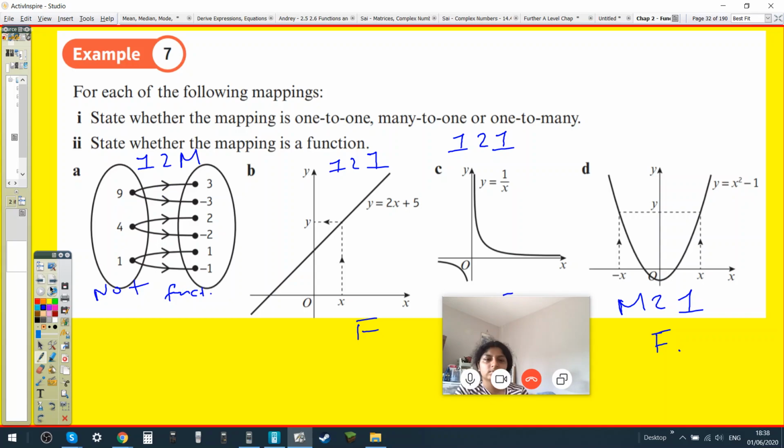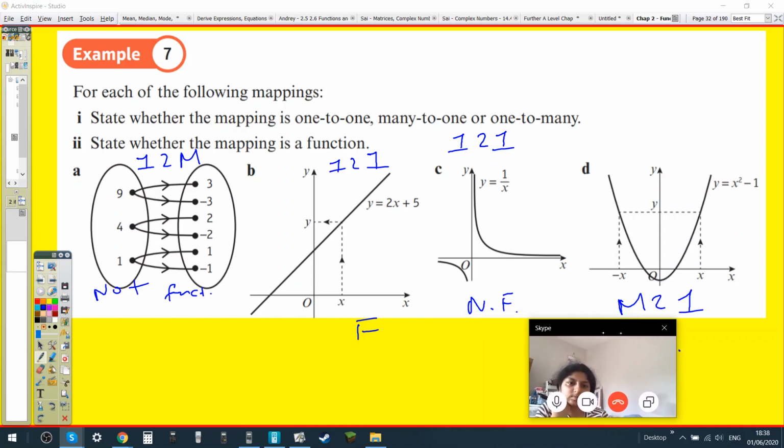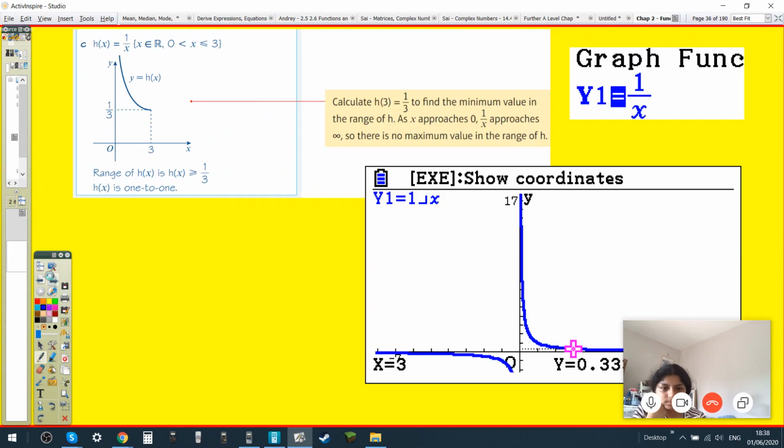The second is 1 to 1, not a function because it doesn't get mapped. The last is many to 1, and it is a function. Great. Any questions about that? No. You're good.